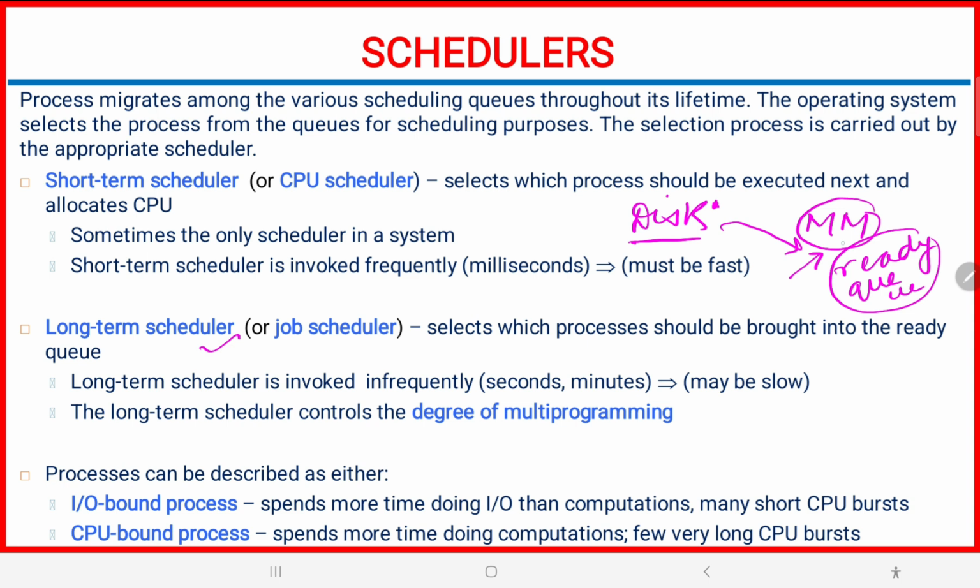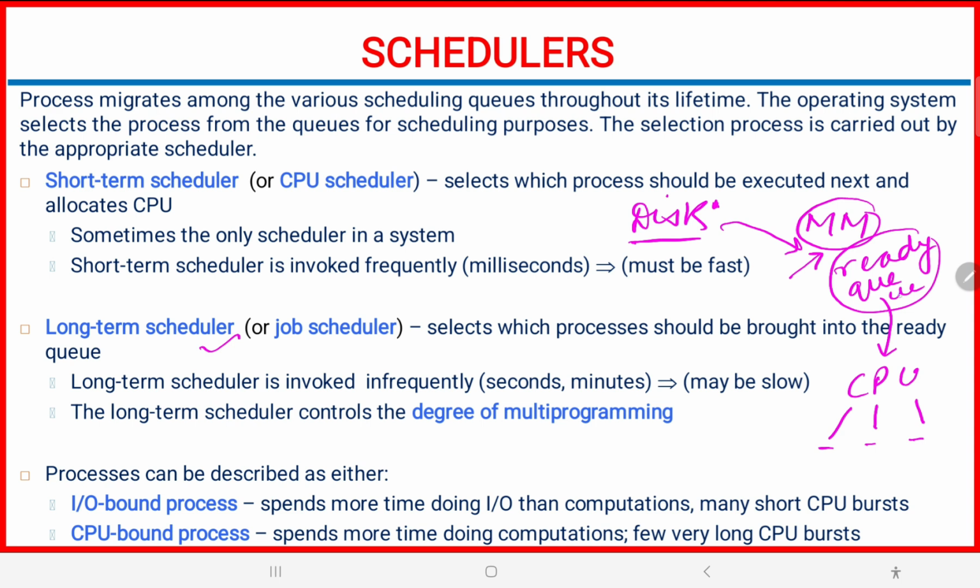Then those processes are residing in the ready queue, but as of now they are not executing. In fact, the processes from the ready queue are supposed to be transferred to the CPU. Depending upon the number of cores available with the CPU, that many processes can be transferred, one to each of these cores.